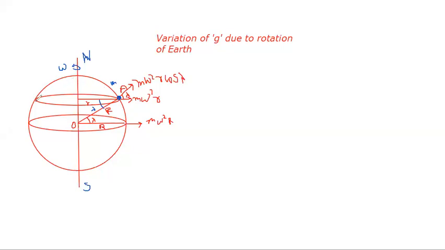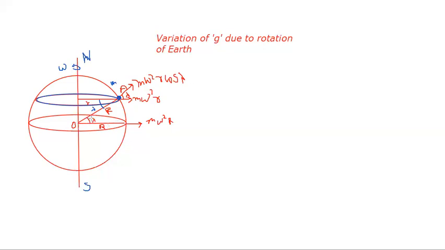Yes, this blue circle is the circle which the body describes due to the rotation of the Earth. Radius of the circle is small r, and the radius of the Earth is taken as capital R.